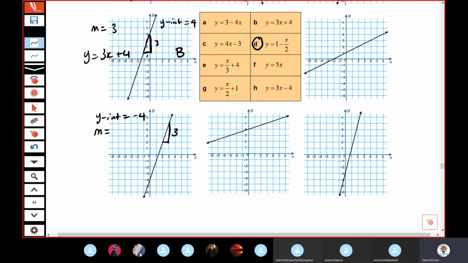That's okay. And then what's your run? From 3 to 2? 1. So your rise is 3 over 1, which is still 3, and it's sloped to the right, so it's positive 3. And can you give us the equation now? Y equals? Y equals 3x minus 4. Beautiful. Which one is that? That's H. So that's H done, D done, B done.